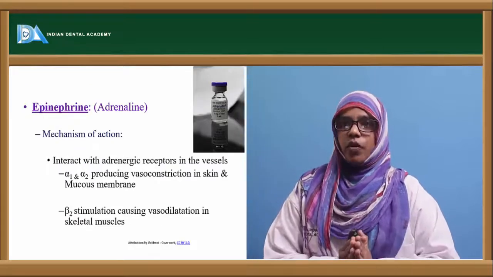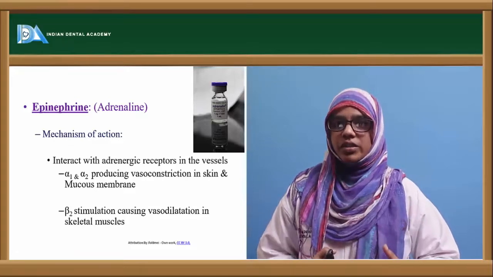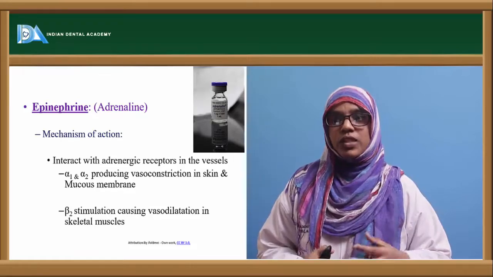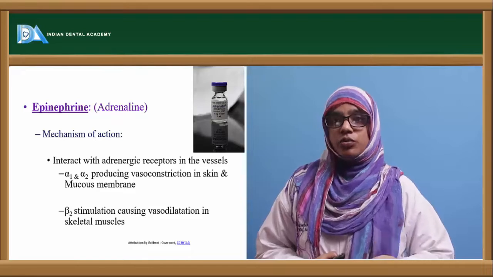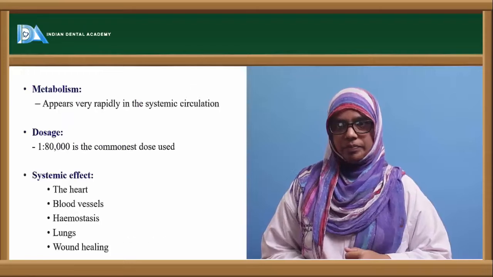The mechanism of action of epinephrine is that it interacts with the adrenergic receptors in the vessels. Alpha 1 and alpha 2 produce vasoconstriction in skin and mucous membrane, and it acts on beta 2, causing vasodilation in the skeletal muscle.